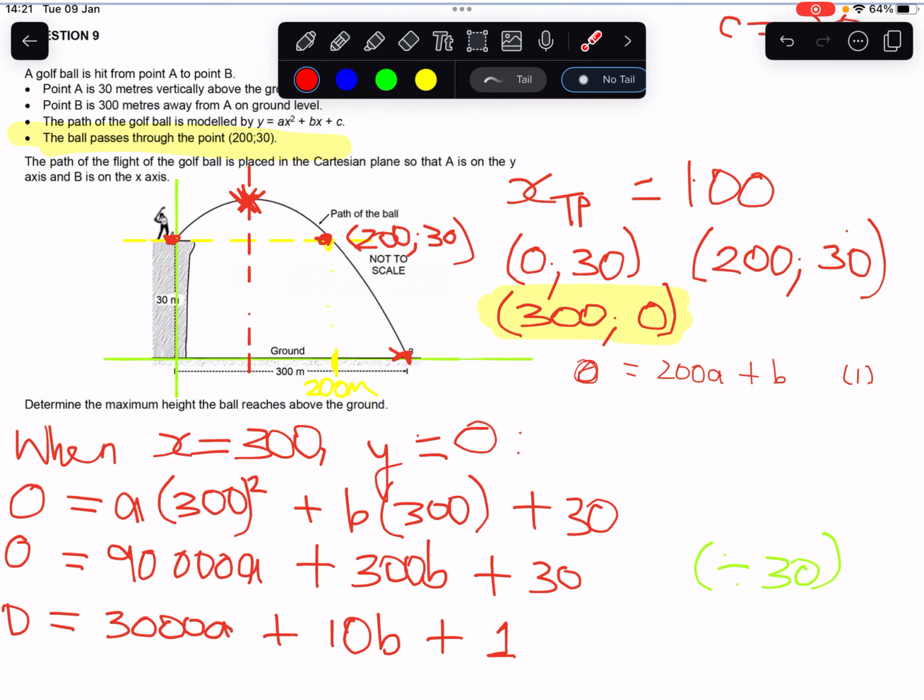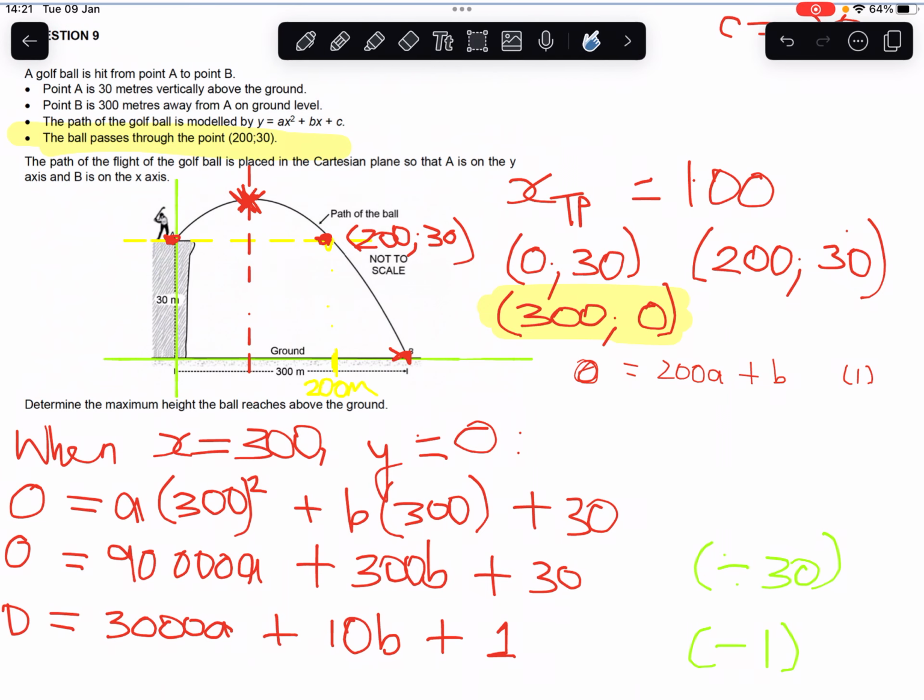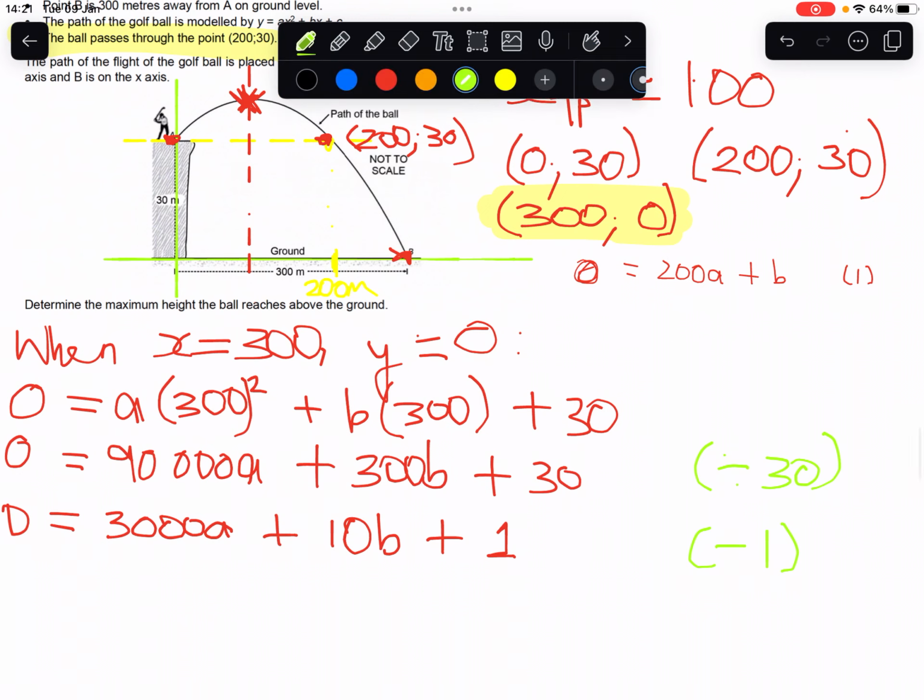So let's say we're going to, change of colors. Minus 1 on both sides, right? And that will give us minus 1 is equal to 3,000A plus 10B.